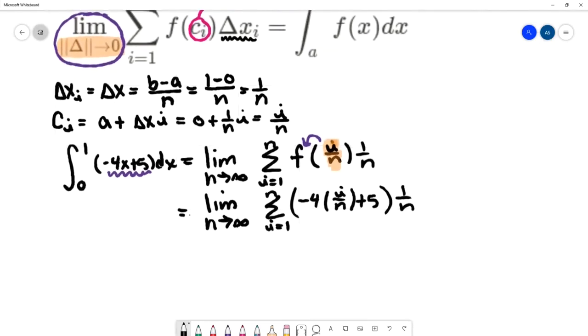Let's do a little bit of algebraic cleanup inside that summation. We would have the limit as n approaches infinity, sum i equals 1 to n, and I can write this as negative 4i over n plus 5.